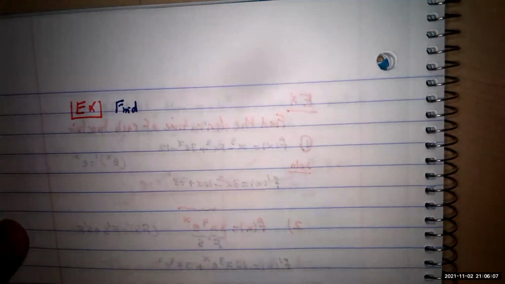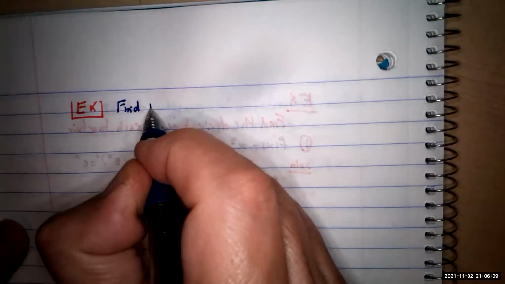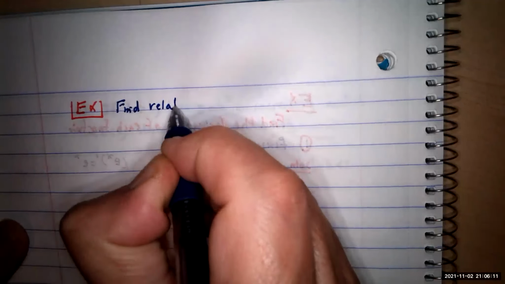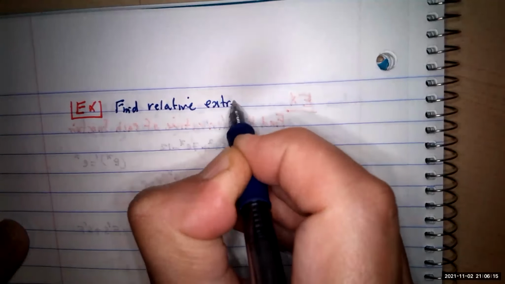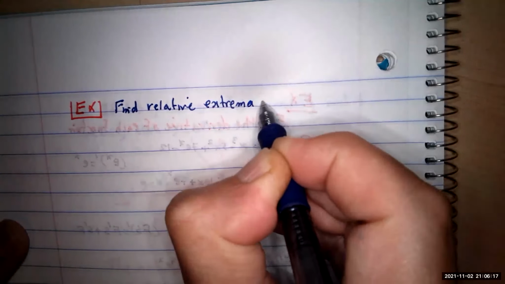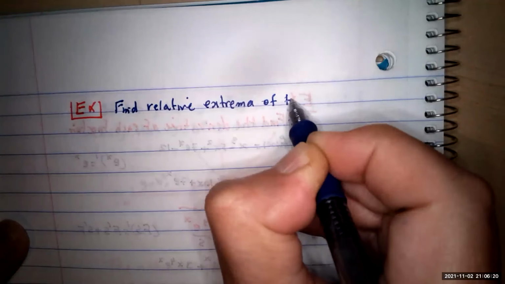So what's the question? I would like you to find the relative, or absolute, extrema, maximum or minimum, of the function. It's going to be absolute, but we call it relative.